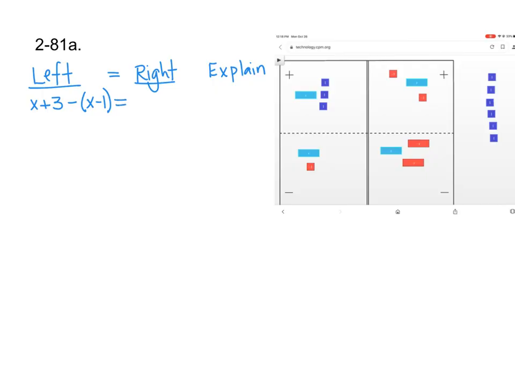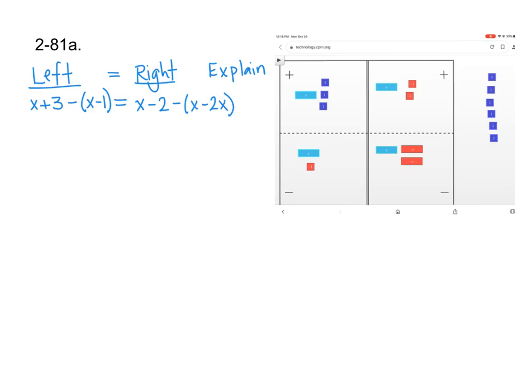On the right-hand side of the equal sign, I have x minus 2. And in the opposite region, I have x minus 2x. Now I need to simplify this equation in order to solve for x. I want to know, what does x equal?